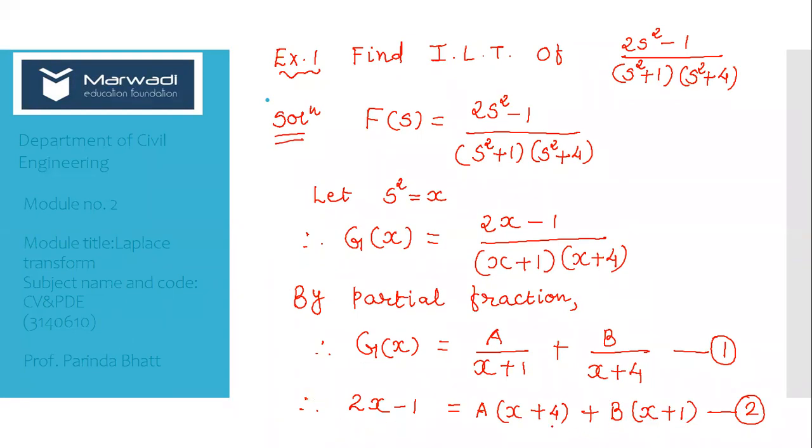Now find the value of a and b quickly. x equal to minus 1, that's why you are getting the capital A, and x equal to minus 4, that's why you are getting capital B. Yes, Saurav Kumar, very good.